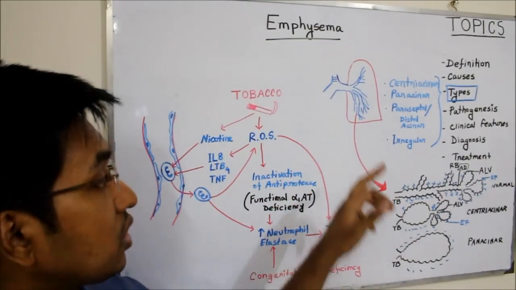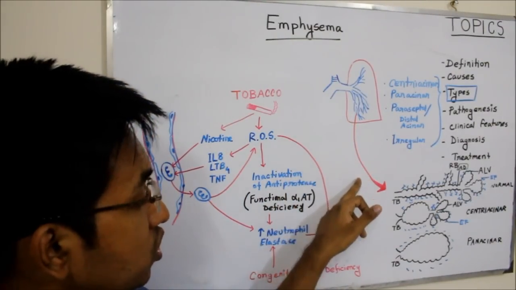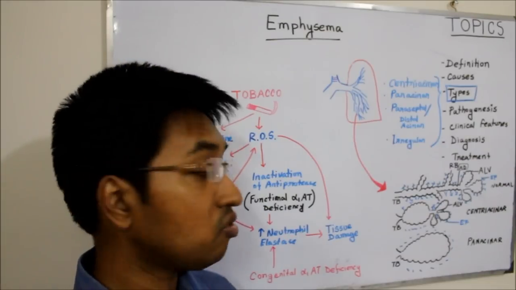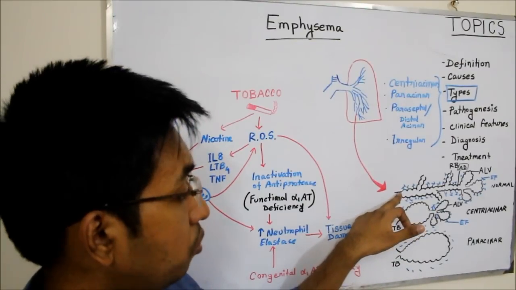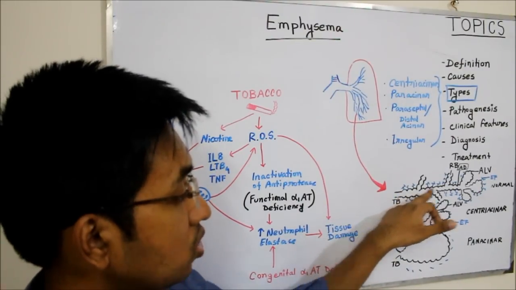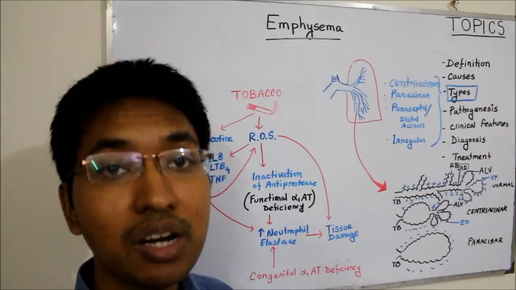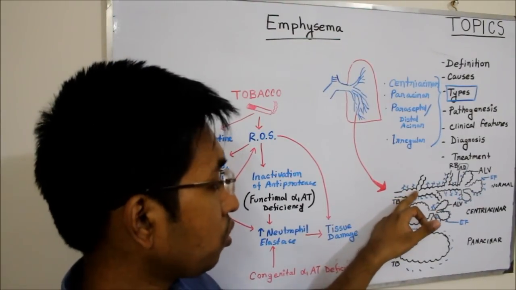And you can also see that I have zoomed into this part of the respiratory tree and I have drawn it here. So this is the end of the terminal bronchiole, and beyond terminal bronchiole in a normal lungs we will have respiratory bronchiole.